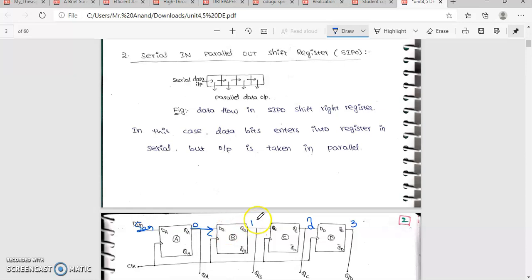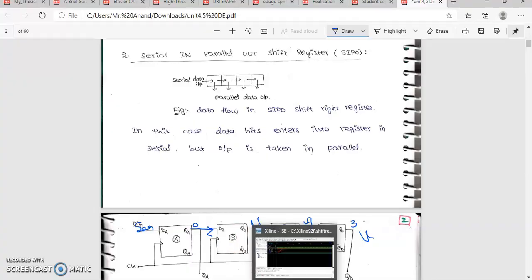The undefined state over here at QB will be processed by the third flip-flop, so it is still an undefined state. Previously QC is also at an undefined state. Then my fourth flip-flop also processes the undefined state. So during the second clock cycle, these two are at undefined states, whereas whatever is the Q in, whatever may be the QA, will be processed by the second flip-flop, and so on.